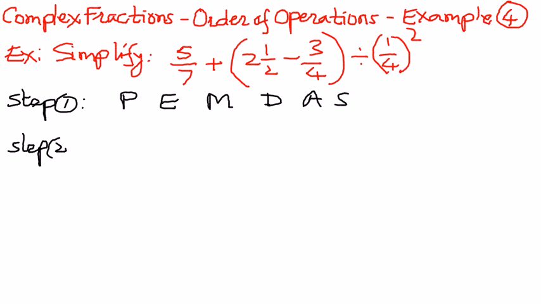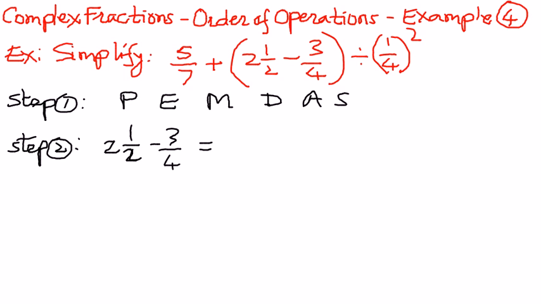In step 2, we're going to start to simplify this. We'll take first things first. We'll simplify the numbers inside the parentheses, which are 2 and 1/2 minus 3 over 4. 2 and 1/2 is a mixed number, and 3/4 is a proper fraction. So we'll convert this mixed number into an improper fraction.